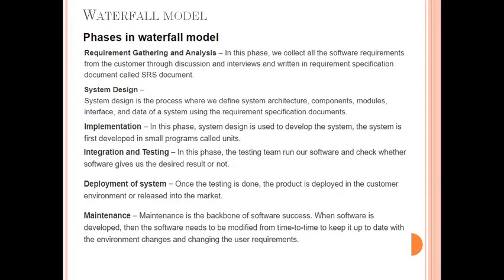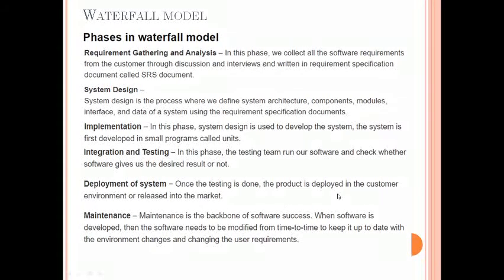That's why different versions, like Android versions, keep coming because of evolving. In this maintenance period, we need to keep a time-to-time check of the software environment, customer location, hardware and the technologies.